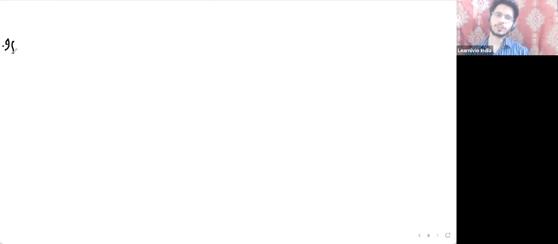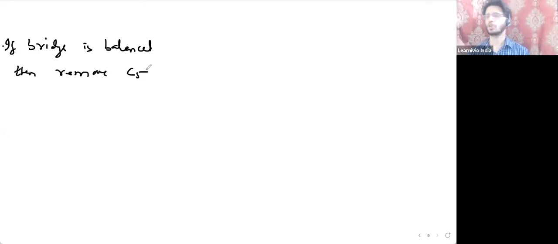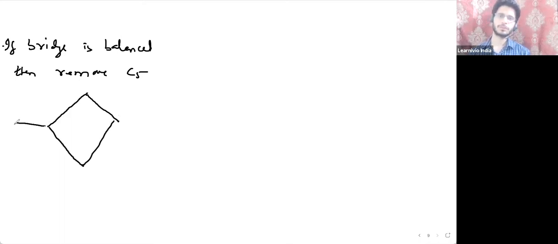So if bridge is balanced, then remove C5. When you remove the C5, the circuit will look like a very, very simple circuit to solve.